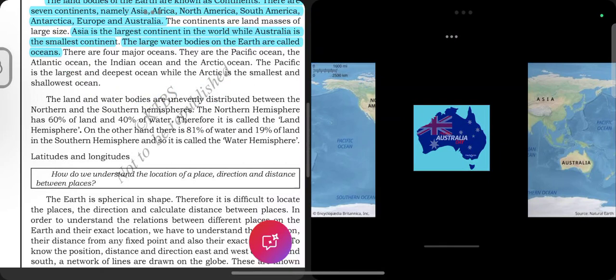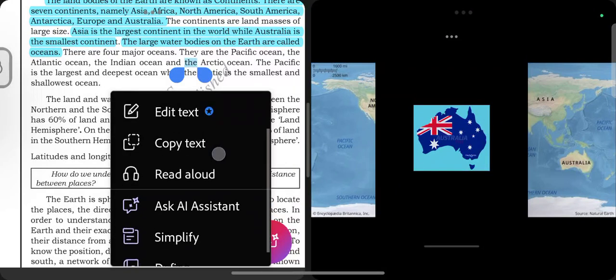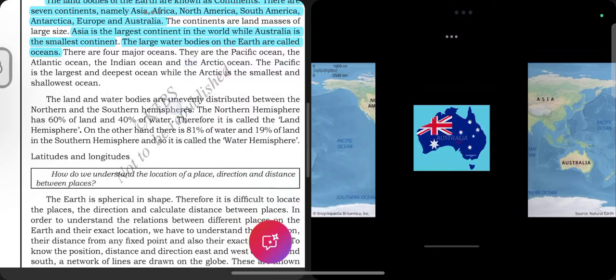There are four major oceans: Pacific Ocean, Atlantic Ocean, Indian Ocean, and Arctic Ocean. Look into that, it's very, very important.